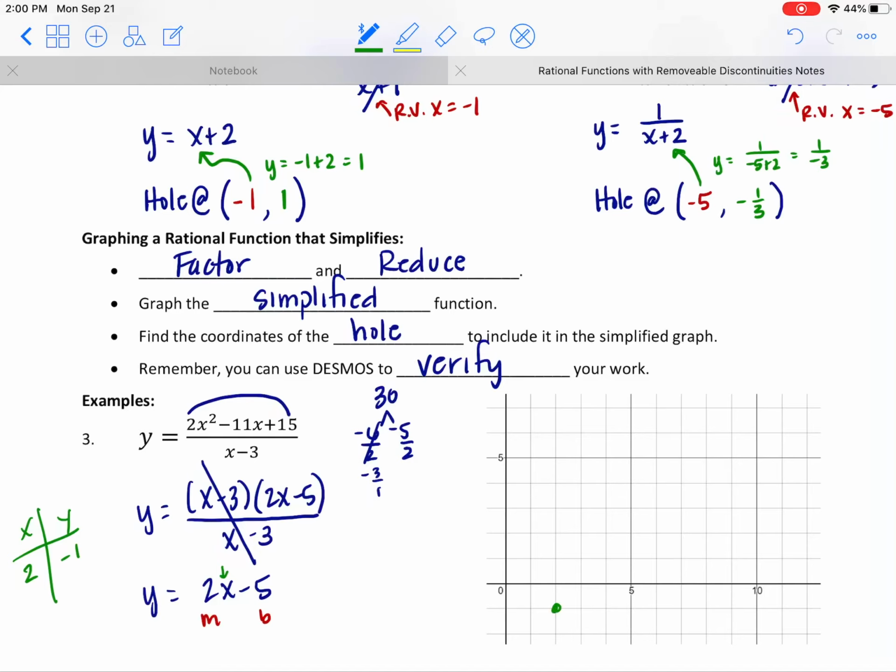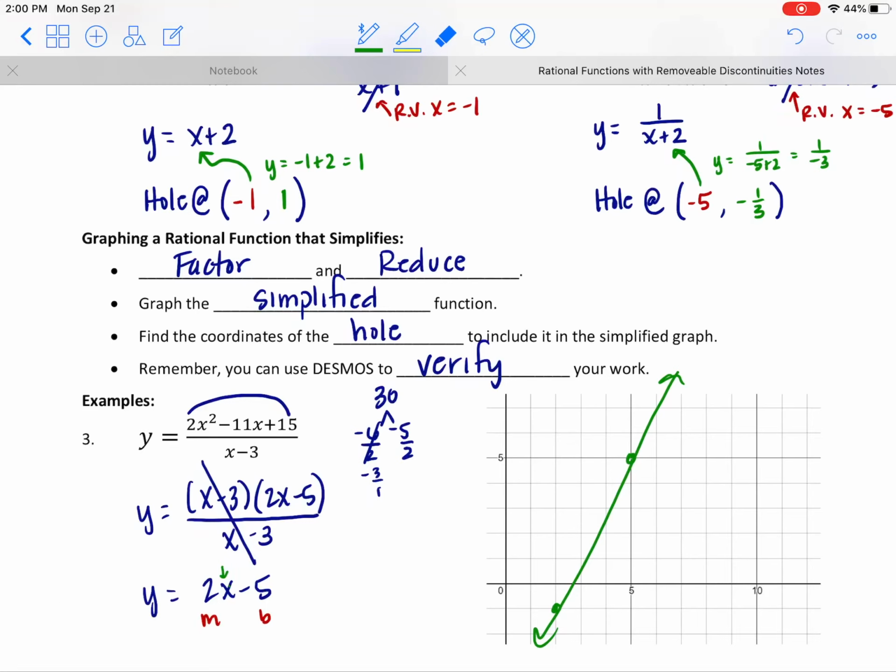So at (2, -1), I'm going to have a point. And then let's say I put 5 in. 2 times 5 would be 10, 10 minus 5 would be 5. So at (5, 5), I've got another point here. And technically, this is what my line should look like.